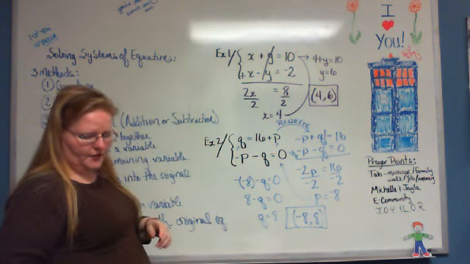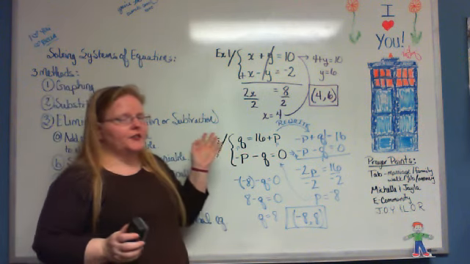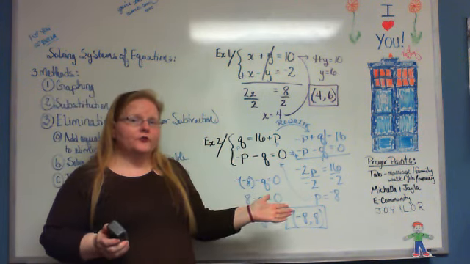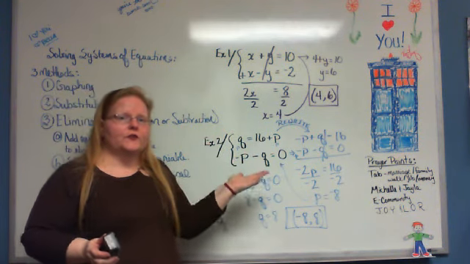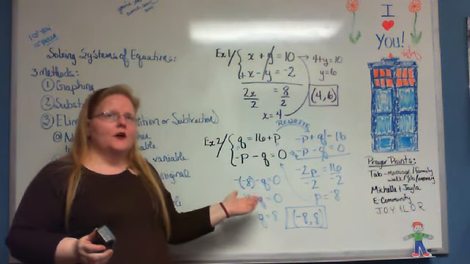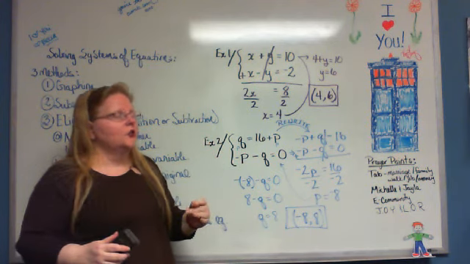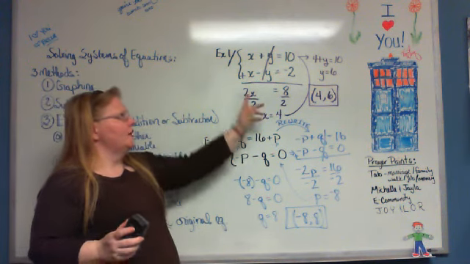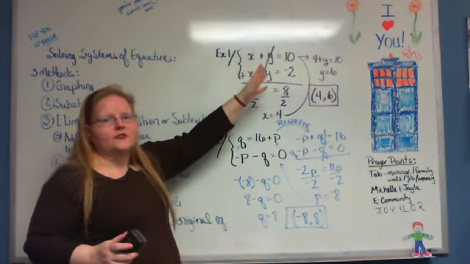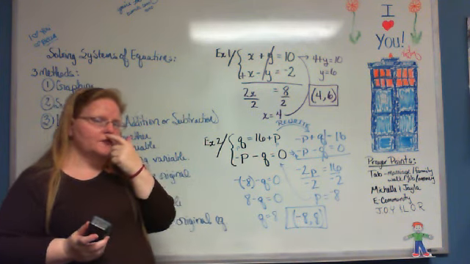So that's all good. Now, the reason that elimination is so powerful is not only is it quick, it's almost quicker than substitution sometimes, but it's so versatile. So not only can you just add stuff together when it's convenient that it crosses out, you can actually force it to be able to cross out.